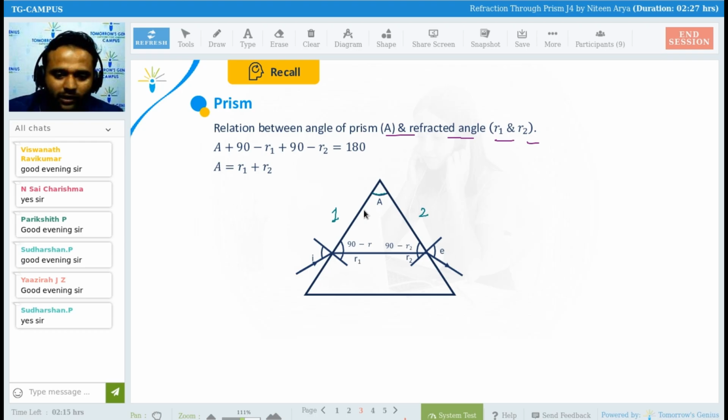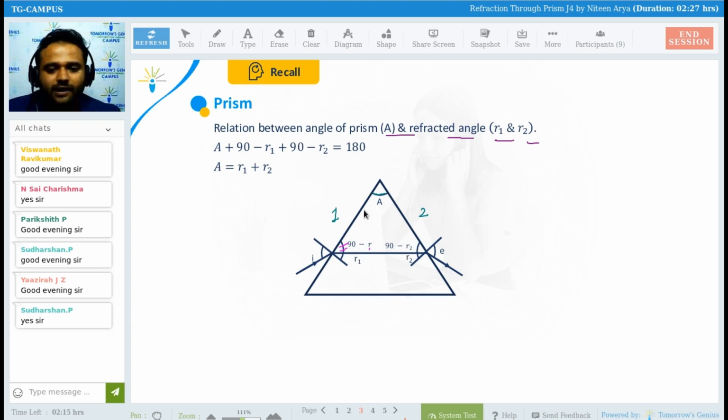So as you can see, this is your angle of incidence with the normal. This is your angle of refraction R1. And we can see directly, the moment I say normal, the normal is perpendicular to this particular refracting surface. Clear enough? So if it is perpendicular to the refracting surface, this particular angle is automatically 90 minus R1.